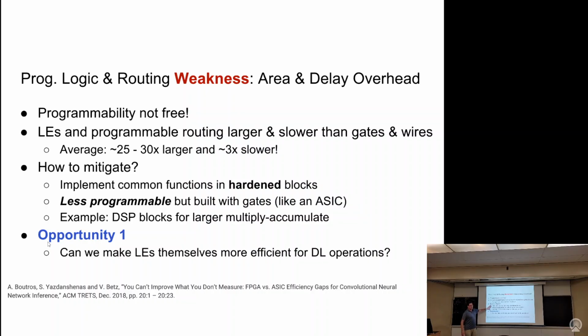So you want to use the hardened blocks. If you basically do the multiply-accumulate in DSPs, et cetera, you're much closer to an ASIC. So from an FPGA architecture point of view, an interesting opportunity is we know we're doing a lot of these repetitive calculations. Can we make these logic elements and these DSP blocks better at those specific calculations?